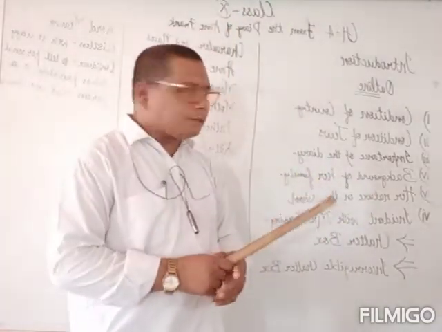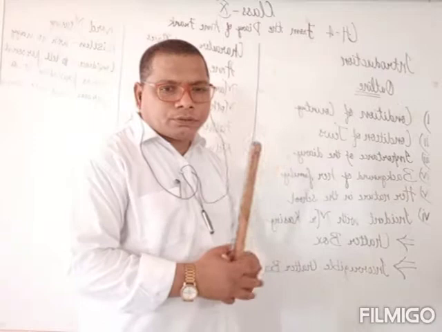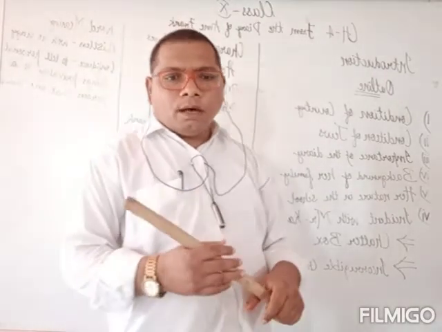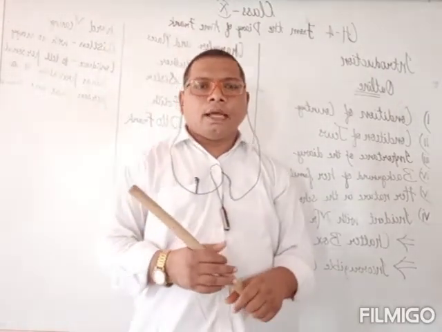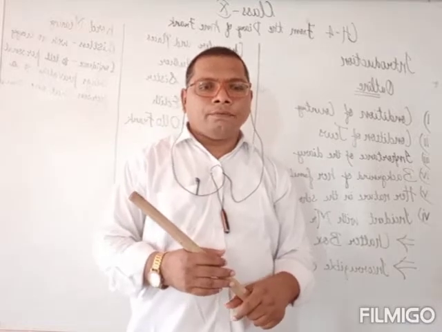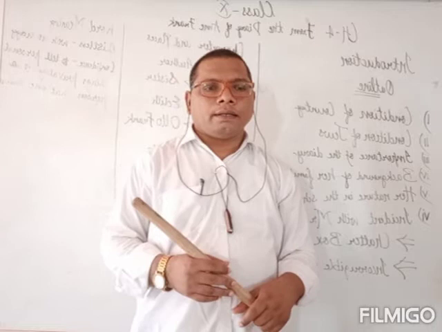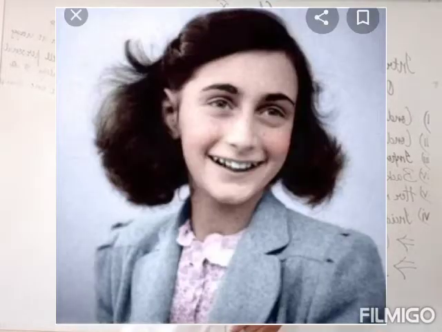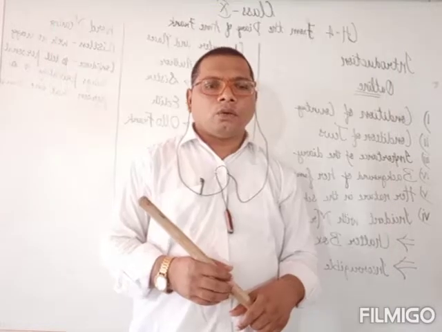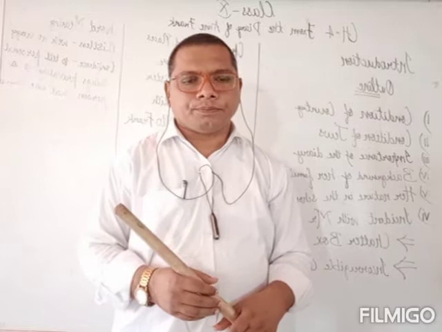So let's begin. As for the introduction, this is the story of a young girl named Anne Frank. The story is based on her diary. She is a Jewish girl who has to go into hiding during World War II to avoid the Nazis.